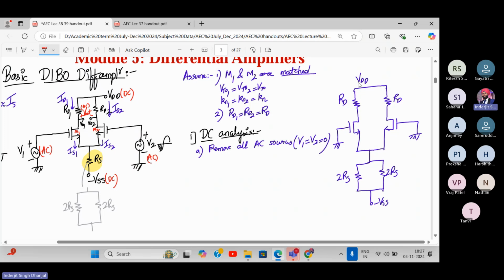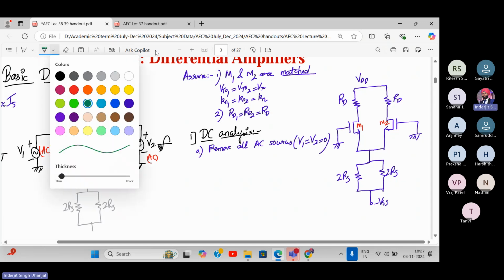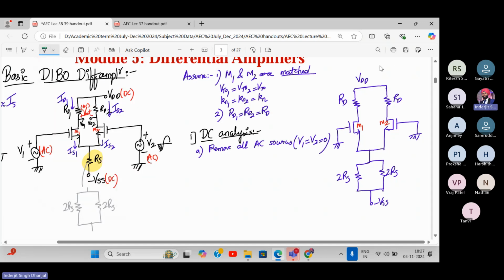Now, do you see this 2RS and this 2RS is same? M1 and M2 are matched with respect to each other. So do you see any symmetry between the two circuits? Yes, they are mirror images of each other. Both the sections, the left hand side and the right hand side, are exactly similar. Even the power supplies are same. So here, if we make a cut in the middle like this, so we can say both the circuits are exactly symmetric.